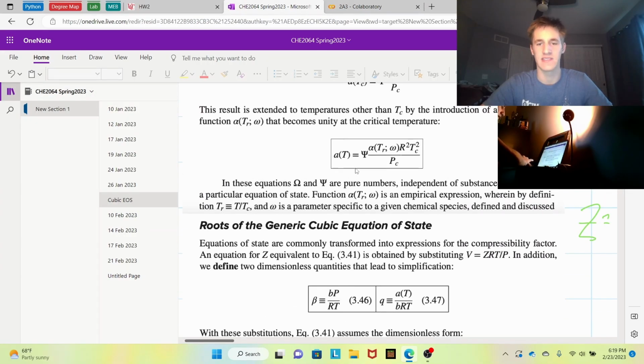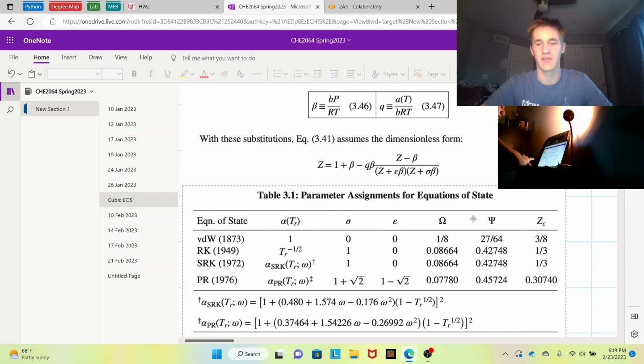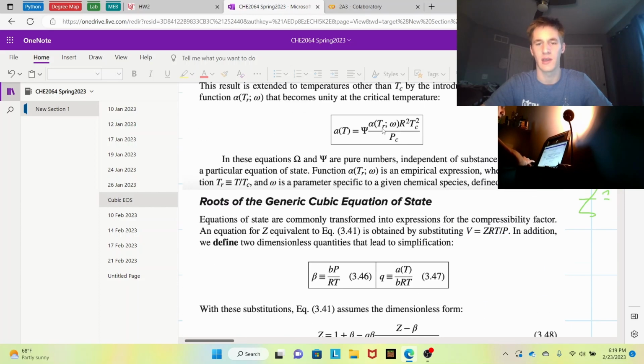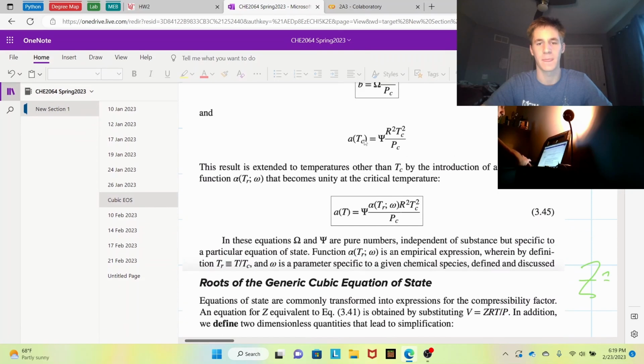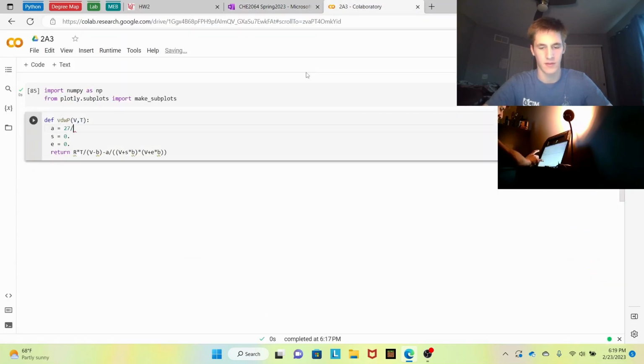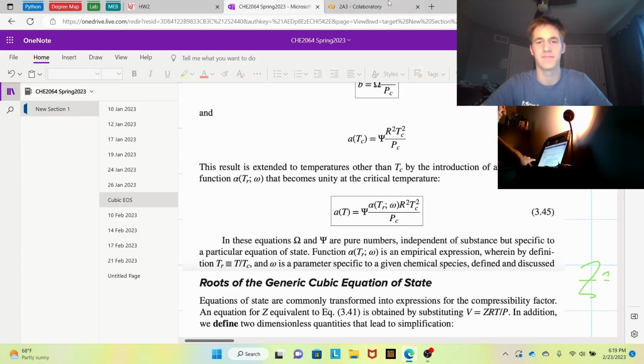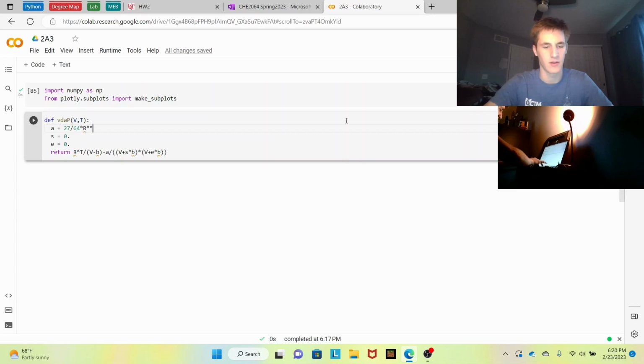So now we have our A value. A, we can see here, is 27 over 64, and our alpha function is just 1. All right, so 27 over 64 times R squared, critical temperature squared, over critical pressure.